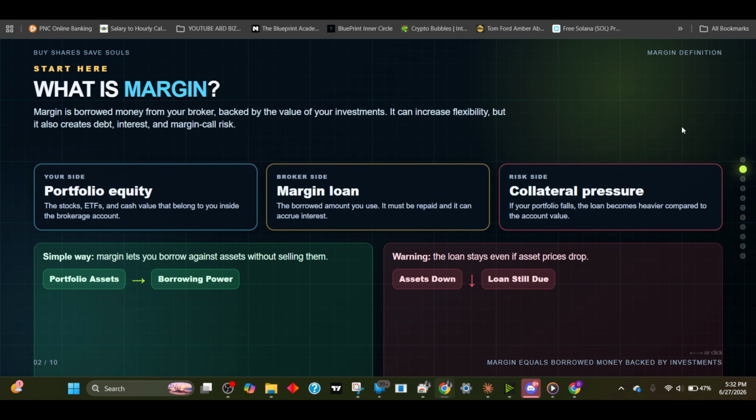Okay. Now there is collateral pressure, which is the risk side. If the portfolio falls, the loan that I took out becomes heavier compared to the account value because once my equity begins to drop, the loan amount that I pulled out from margin stays the same. If I took out 2K, that amount stays the same.